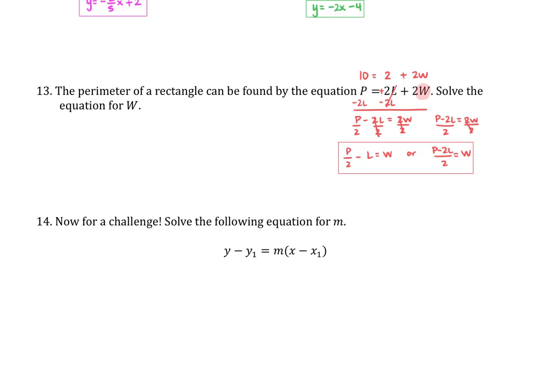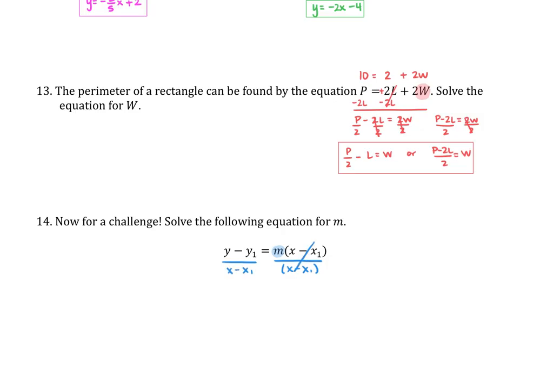Now, last problem, I want to solve this one for M. So I'm trying to get M alone. Remember, M is actually being multiplied by the parentheses, right? So I'm going to actually divide by the entire set of parentheses all at once. And what I do to one side, I have to do to the other.